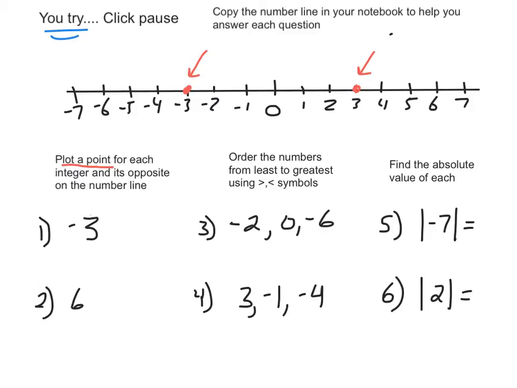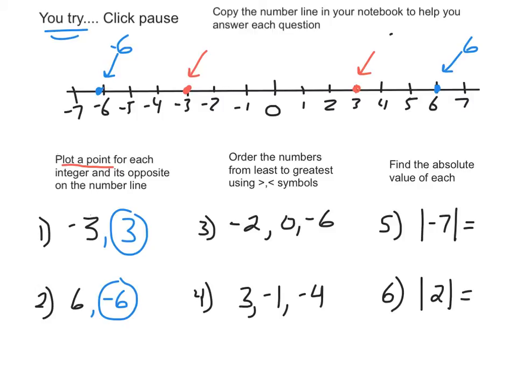Number 2, 6 and its opposite, -6. So on your number line, if you plotted a point for 6 and -6, you'd be correct. Maybe down here you stated its opposite for each one. That also wouldn't be bad, knowing that the opposite of -3 is 3 and the opposite of 6 is -6.